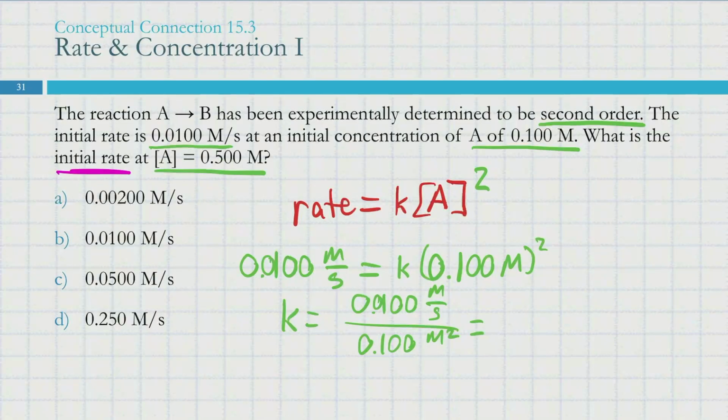And if I'm not crazy, that K is 1. If I am crazy, I'm not crazy. So that's very convenient. K is just 1 over molar seconds.